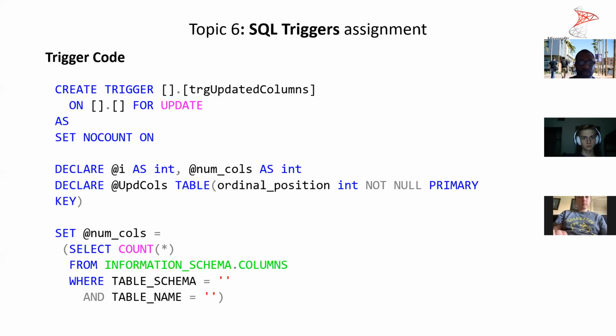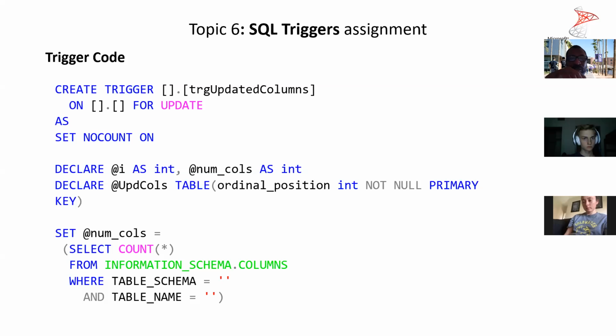Select count, which is just a function from information schema columns. Now that particular one in light green is essentially an internal subprogram that you can call from SQL Server. Basically we're going to pull out the schema and the table name that we're changing to make sure we can list that in our result table.